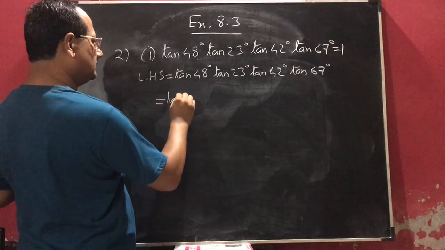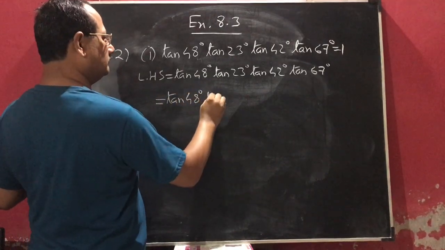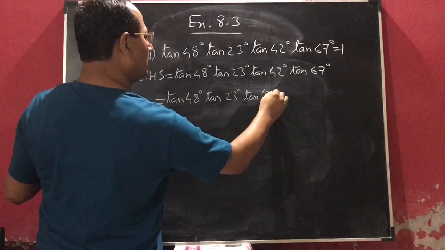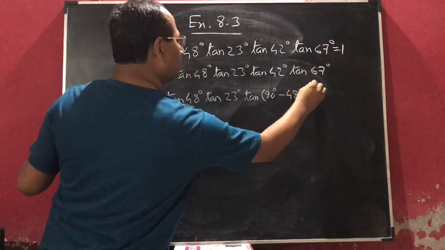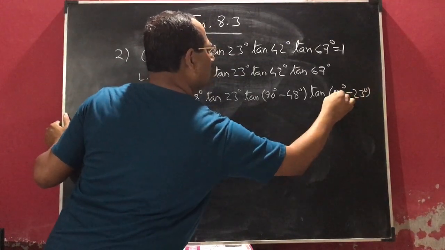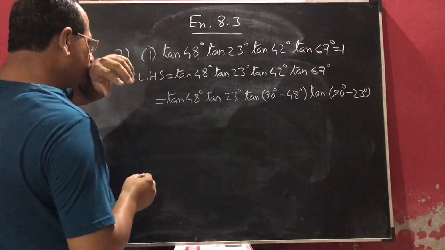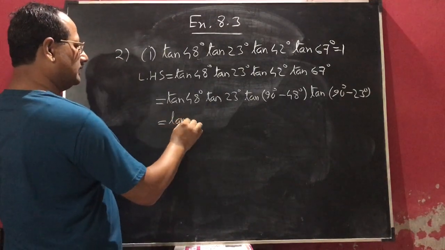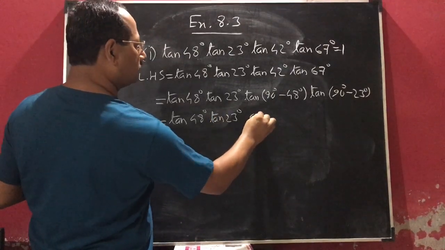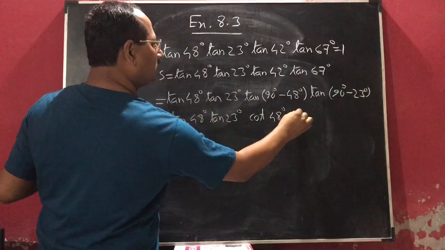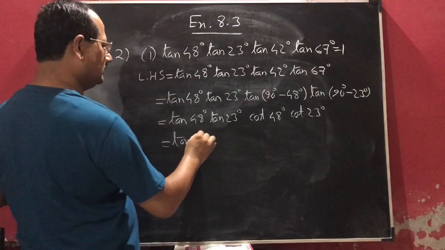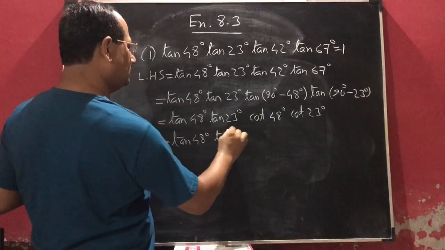That is equal to tan 48 degrees, tan 23 degrees, and the last two are written as tan of 90 minus 48 degrees and tan of 90 minus 23 degrees, which are cot 48 degrees and cot 23 degrees.